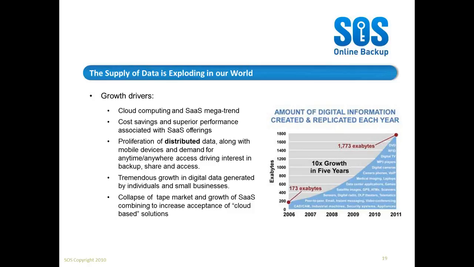Expanded versioning: up until 2008, 2009, most companies didn't offer any versioning, claiming that this was an archiving function and this is not part of backup. We've always offered unlimited version history for free, so this is a big part of it.